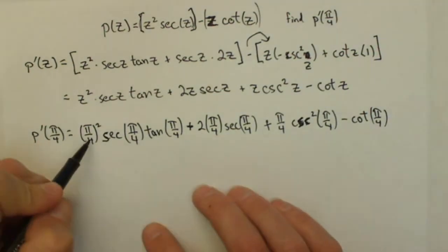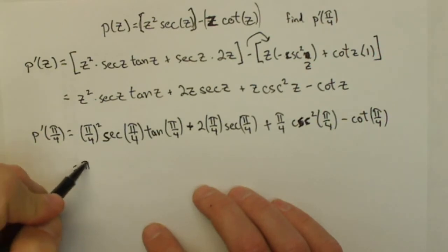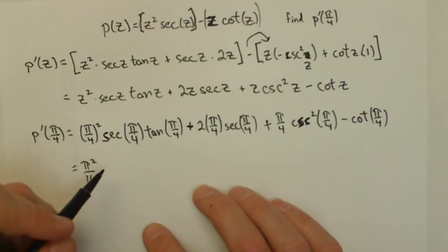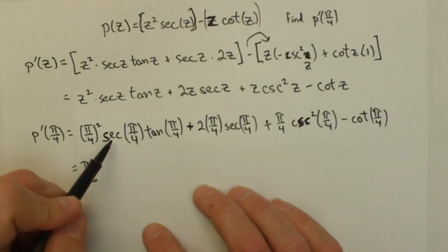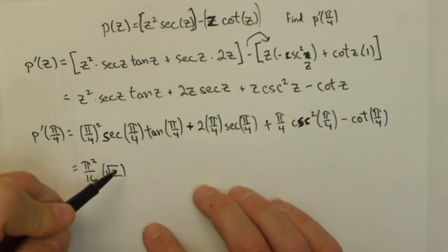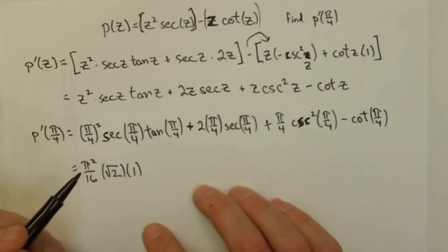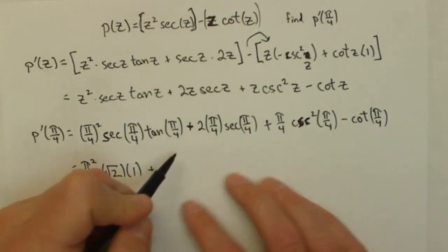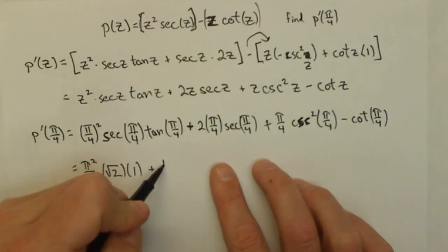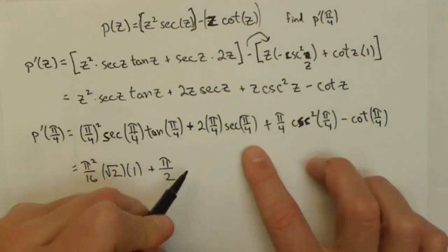Now, pi over 4 is one of our special case angles, so we can get exact values on a lot of these. Pi over 4 squared is pi squared over 16. Secant of pi over 4 is square root of 2. Tangent of pi over 4 is 1. Here we're going to have 2 times pi over 4, so that's going to cancel down to pi over 2.